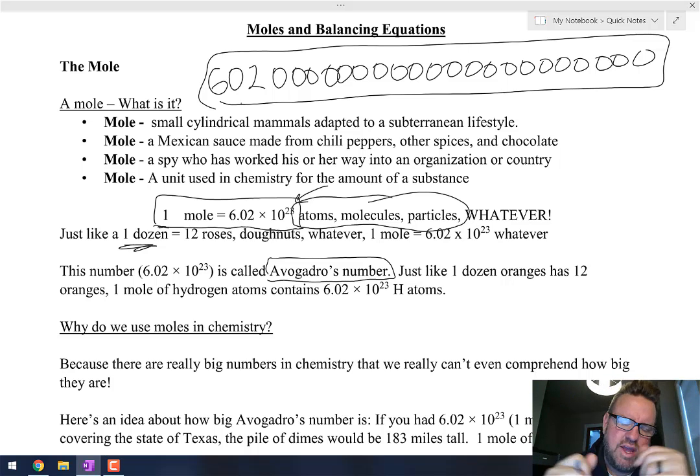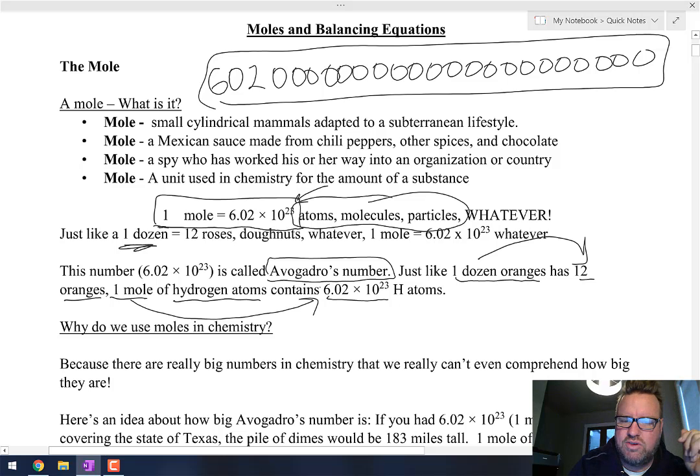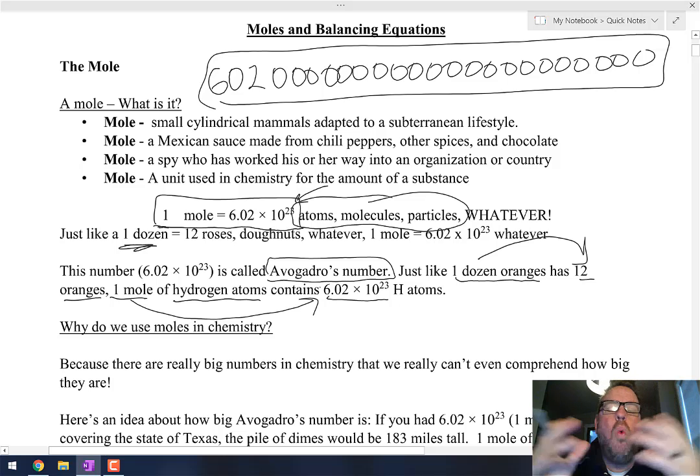So I'm just going to say 1 dozen or 2 dozen or 3 dozen. Just like 1 dozen oranges has 12 oranges in it, 1 mole of, in this case, hydrogen atoms, contains 6.02 times 10 to the 23rd. So notice how 1 dozen became 12 and 1 mole becomes 6.02 times 10 to the 23rd.